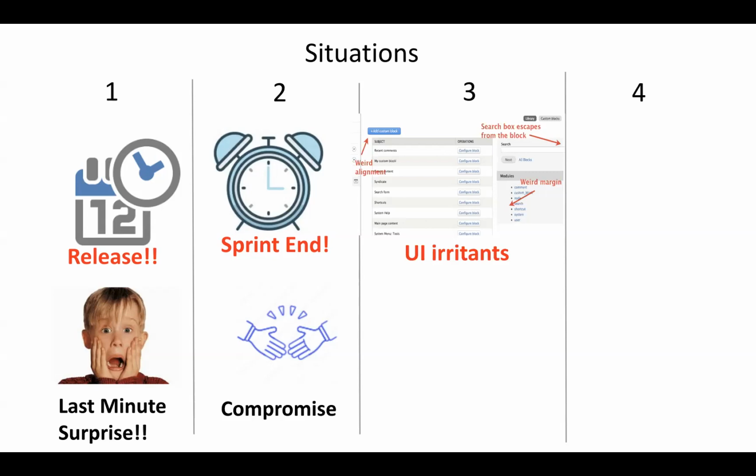One option is that you can actually create a bug or escape defect for these, where you can containerize all these small UI irritants into one container bug and decide to take it up in the next sprint or whenever the product owner thinks it would be the right time.